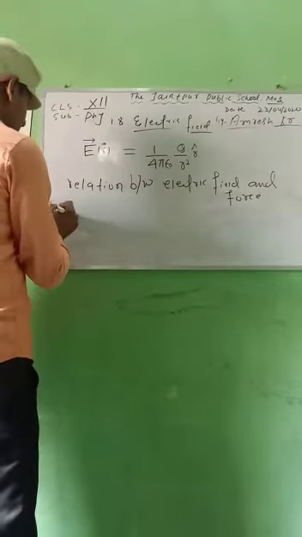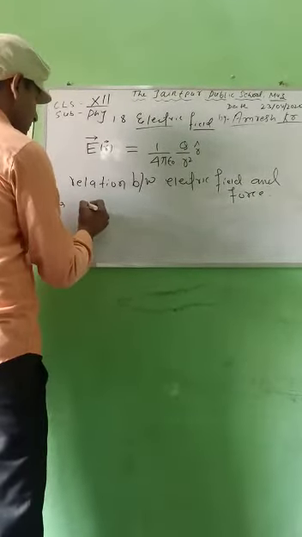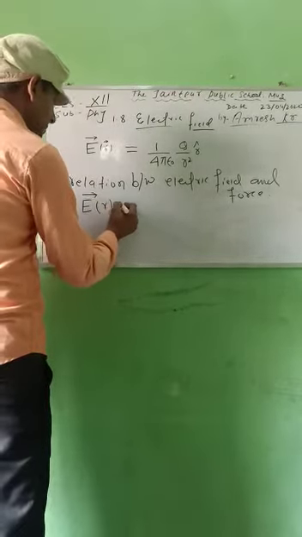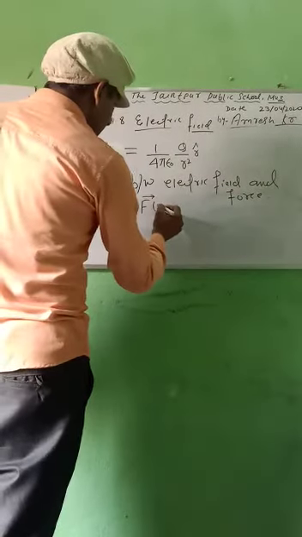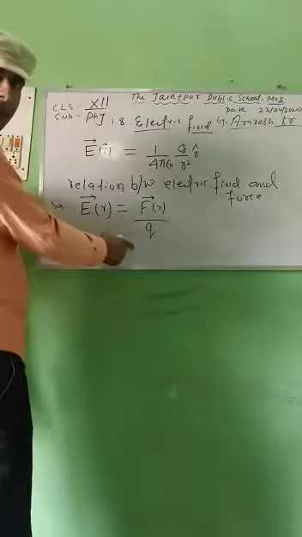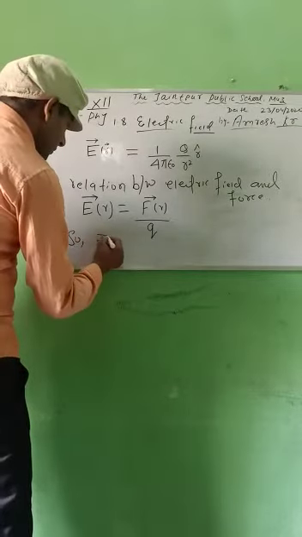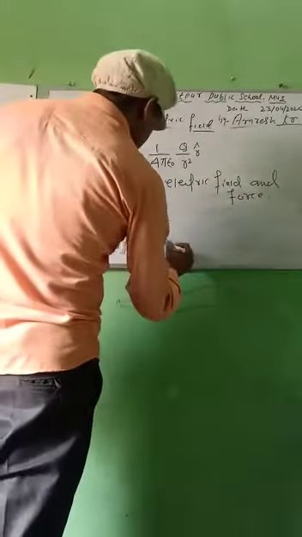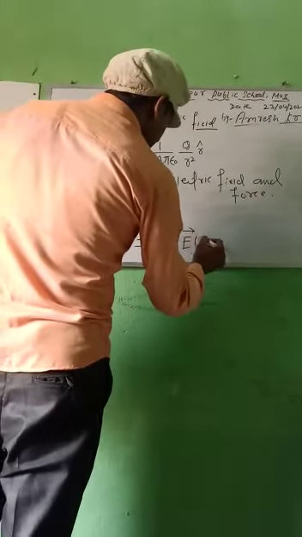So here E(r) is equal to F(r) upon Q, force per unit charge. So F(r) is equal to Q times E(r).